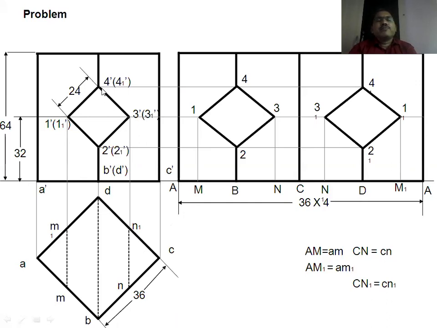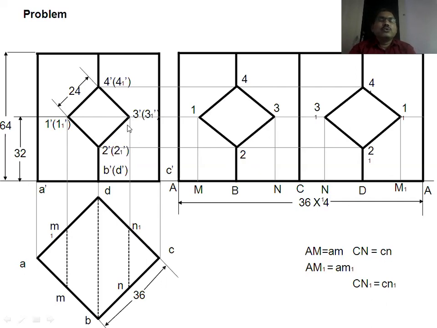Then these 4 dash and 1 dash points are on the middle base edges. So 4 is at B and 4 1 dash is at D. So these points you can mark likewise. But what about the other 1 and 3 points? At what distance is point 1 and at what distance is point 3?